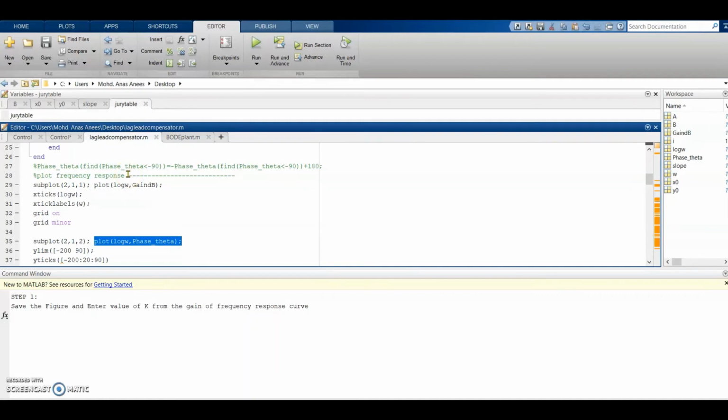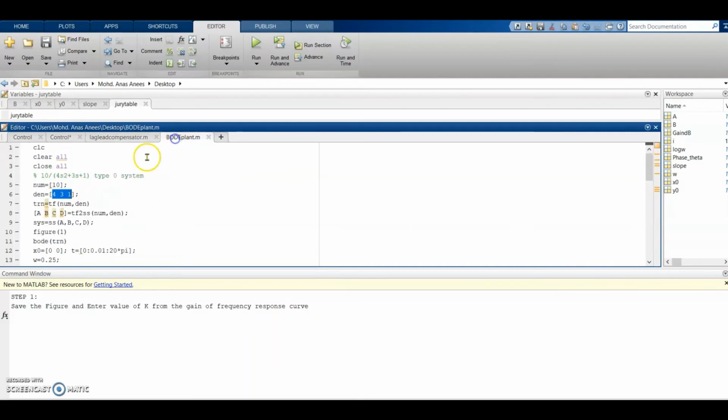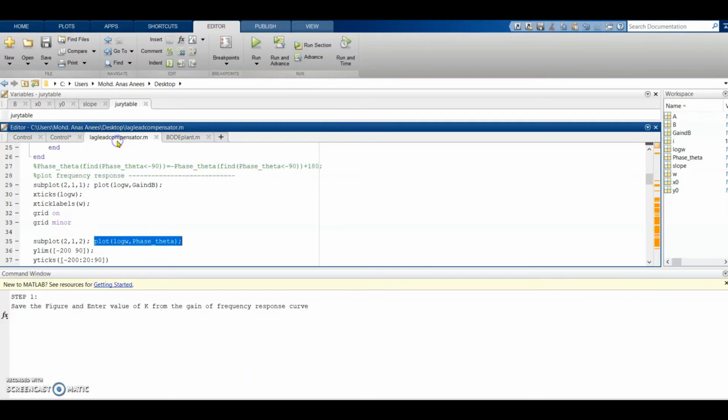So we are assuming that although we do not know the system values, because our plant is a practical one, we have some information about the type of the system, that is, it is a type 0 system, and maybe it has two poles.